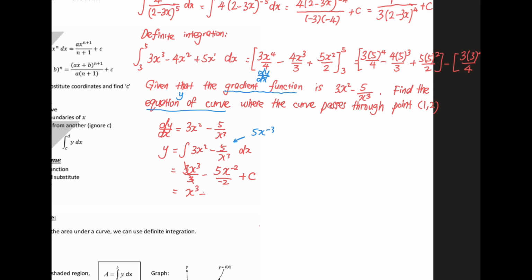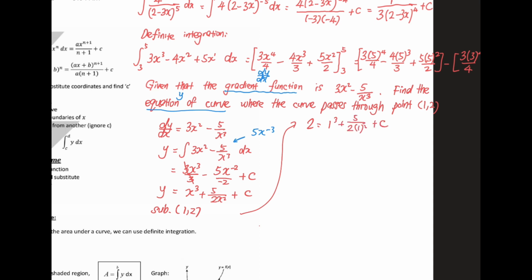Simplify it: x cubed plus 5 over 2x squared plus c. Okay, this is the equation of curve, but the c is still unknown. So to find the c, we have to use the point. So substitute 1, 2 into the equation of curve. Okay, so the y is 2, the x is 1.